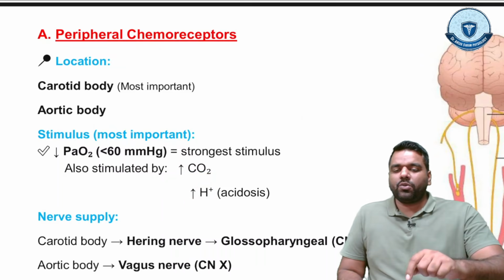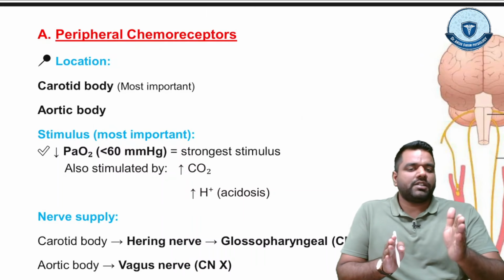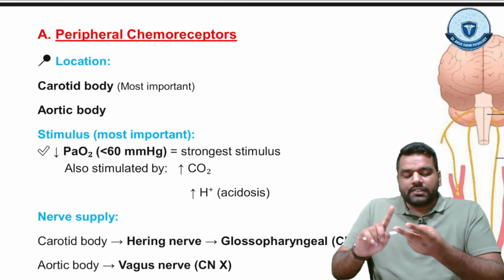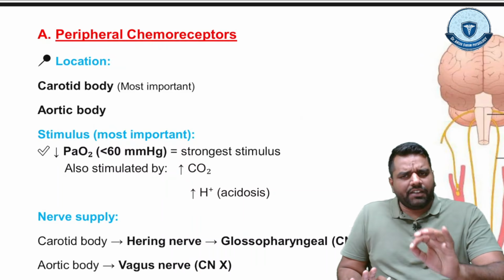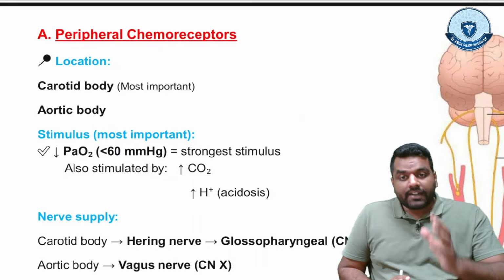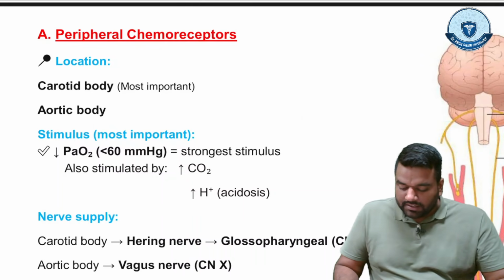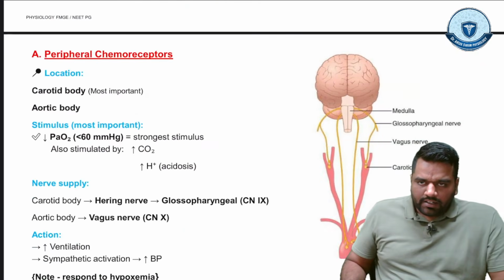So if an MCQ says all are conditions detected by the peripheral chemoreceptor except, you should know that oxygen level, CO2 level and H ion can all activate the chemoreceptor. But if the question asks for the main activator, the strongest stimulus, the answer is oxygen. So please remember this.